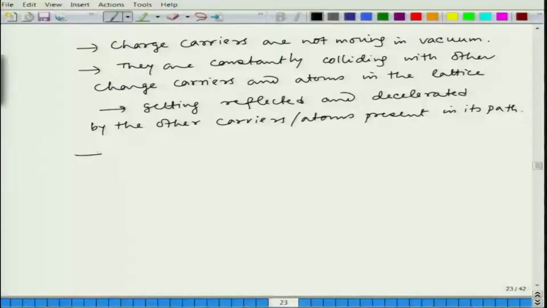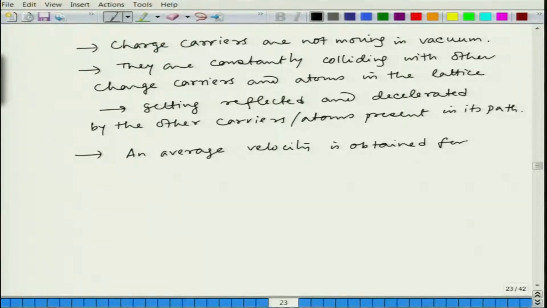So, ultimately what will happen is that an average velocity is obtained for a certain kind of charge carrier.